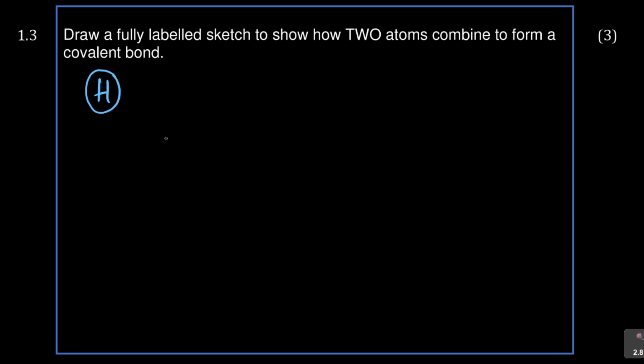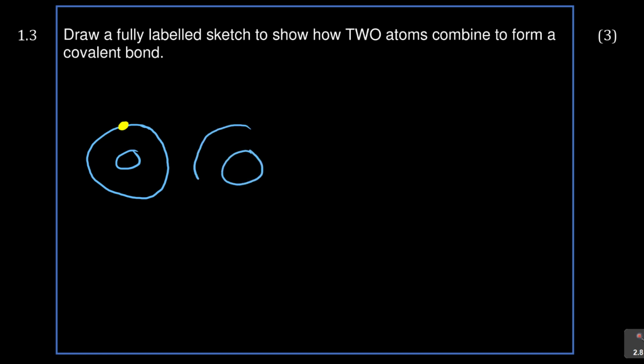Now you know that hydrogen, as I've already drawn here, is more like this. In the center, my circles are very poor, guys, this in the center is the nucleus, and hydrogen has got what? 1 electron. Again, you have another hydrogen with the nucleus, and then there is another electron.